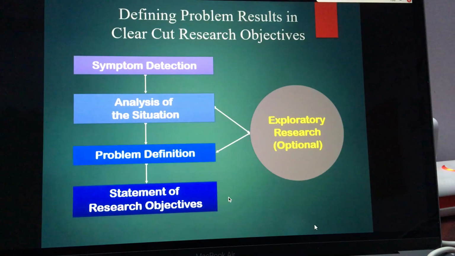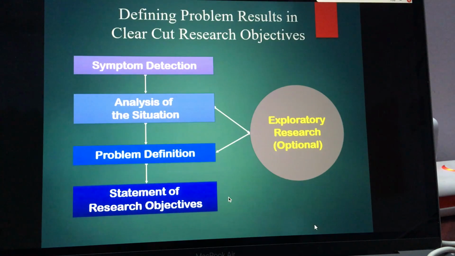That's how you go about doing the problem definition, right? Now, the symptom detection, the analysis of the situation, and based on the situation analysis, the problem definition, all these things require some kind of exploratory research itself.